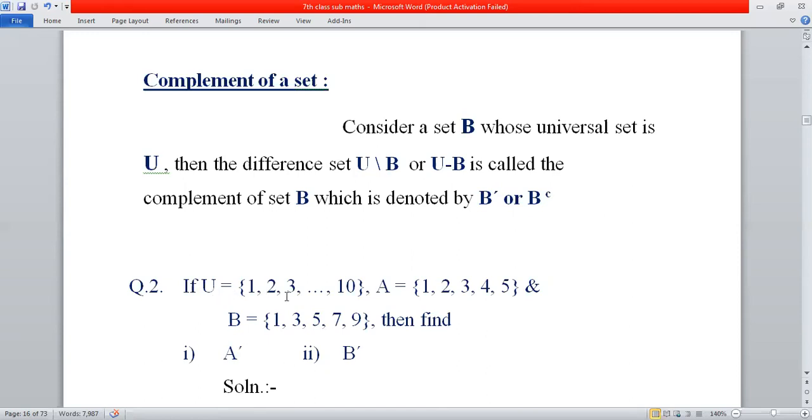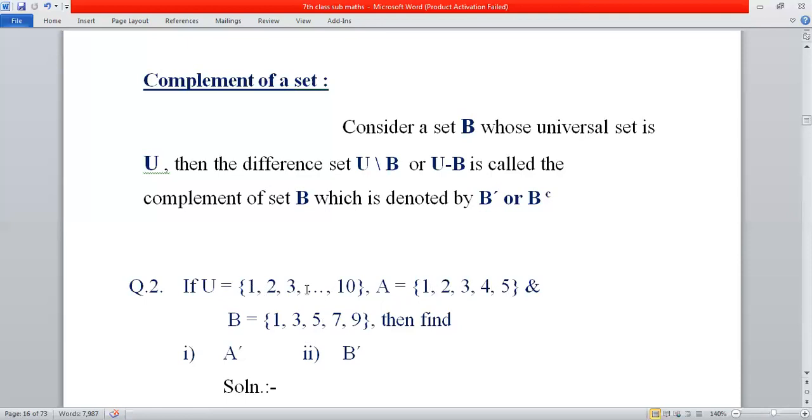In the universal set, 1, 2, 3 up to 10, the universal set is the biggest set of the question. All the elements of all the sets given in this question should be present in this universal set. Look, A is 1, 2, 3, 4, 5.